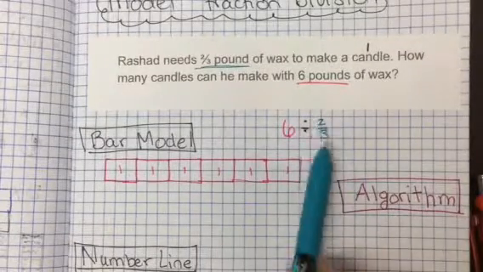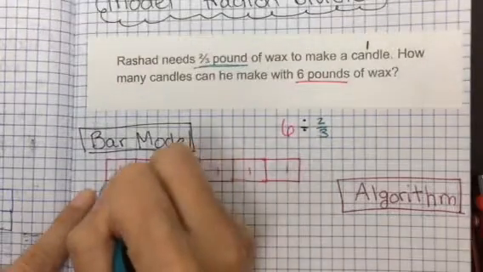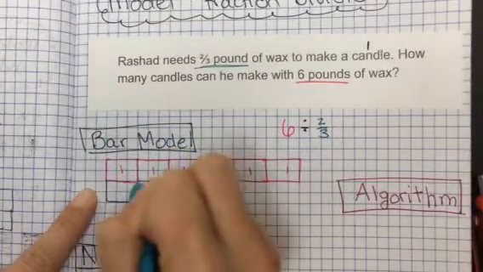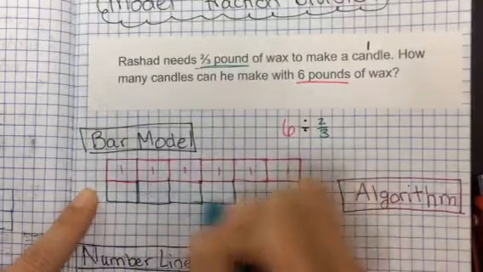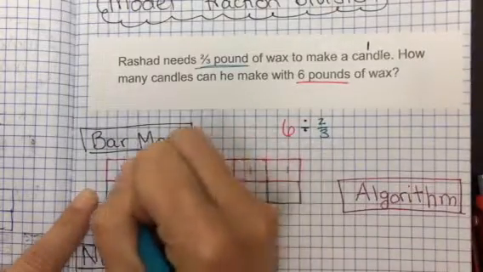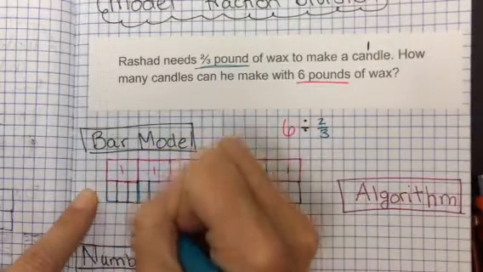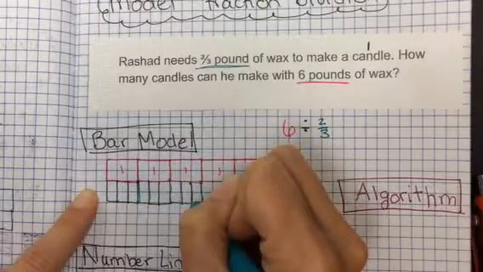And I see here that I need to break it up into thirds. So I'm going to draw my other pieces underneath. And I'm going to break those up into thirds. So I've got thirds here.